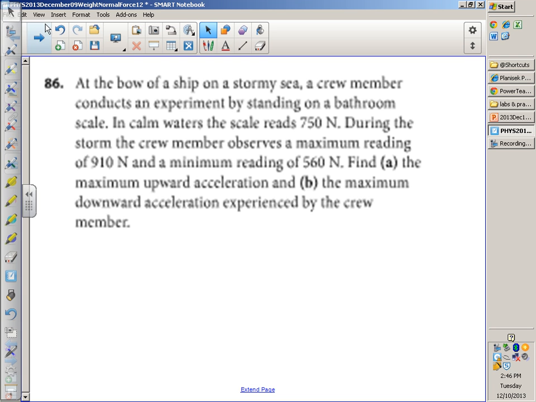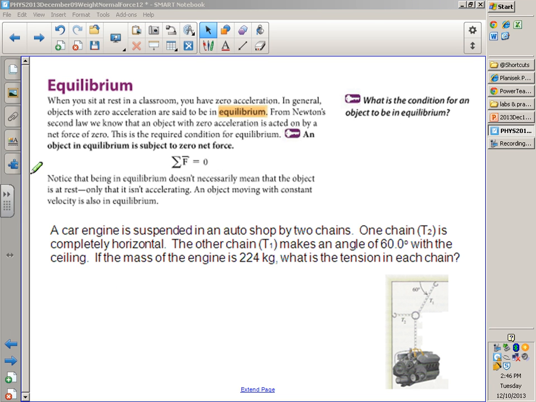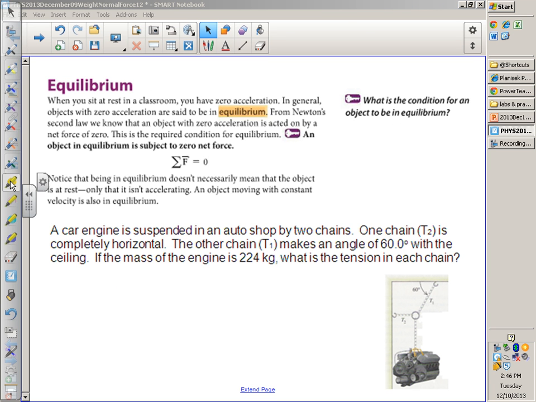Next topic that we come across is equilibrium. Equilibrium is a real easy topic. Key point: what is the condition for an object to be in equilibrium?